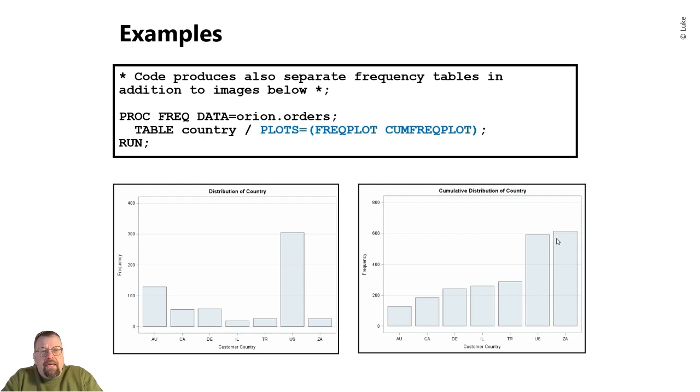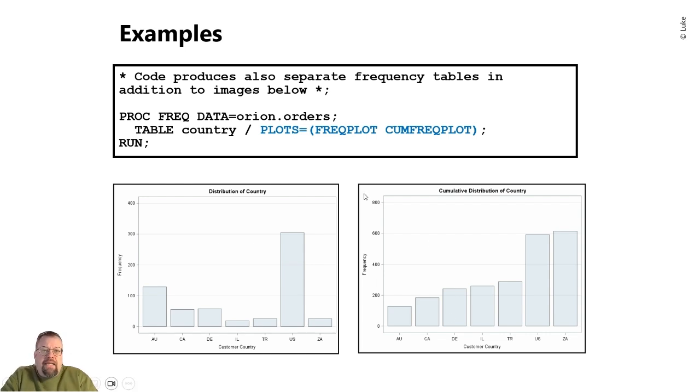But if after the slash we add plots equals freqplot, freqplot in parentheses, then this code highlighted by the blue color would produce us these two images in addition to the actual frequency table that's omitted here.